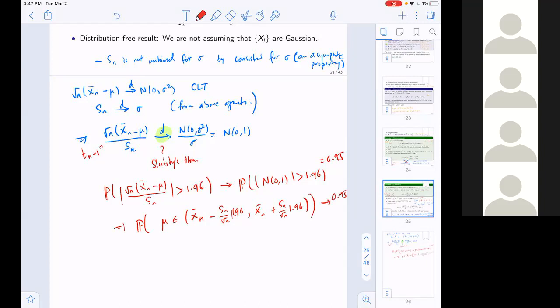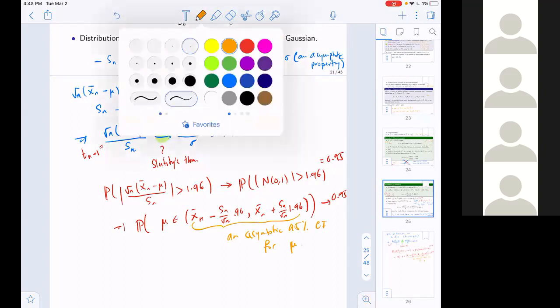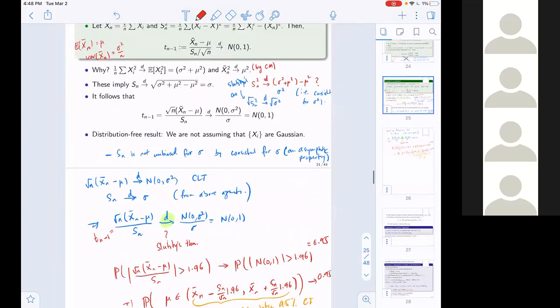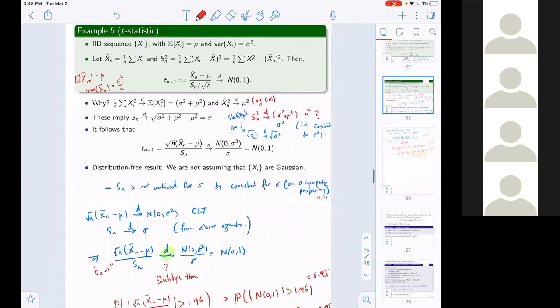So this is an asymptotic 95% confidence interval for the mean of any distribution that has finite second moments. You didn't need any Gaussianity. You can see how useful these arguments are, and it's fairly simple to derive this using the basic properties that we mentioned.